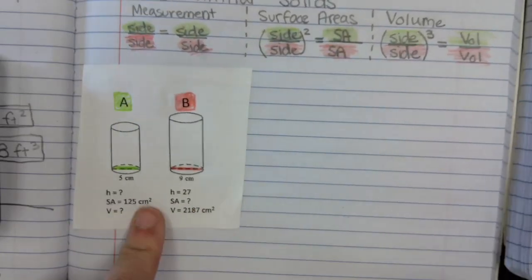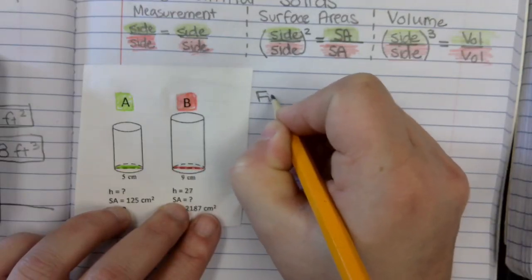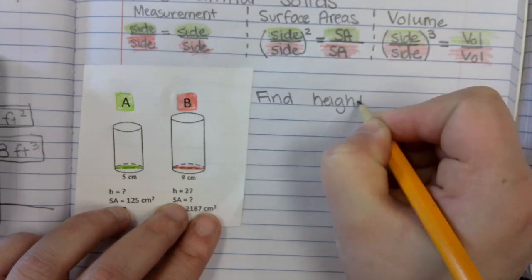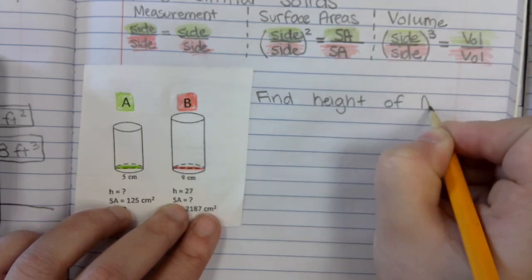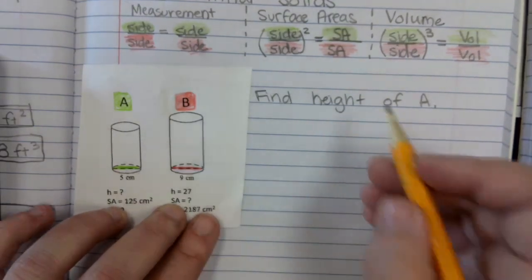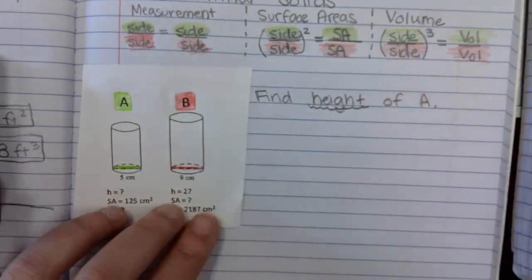All right, so first thing we're going to do is find the height of A. When I find the height of A, I need to think which one of these 3 are we going to use?